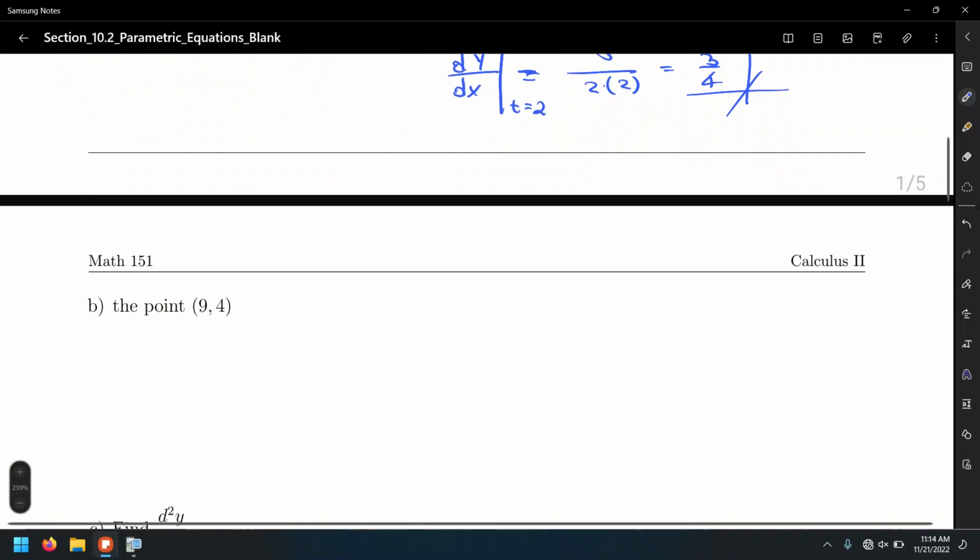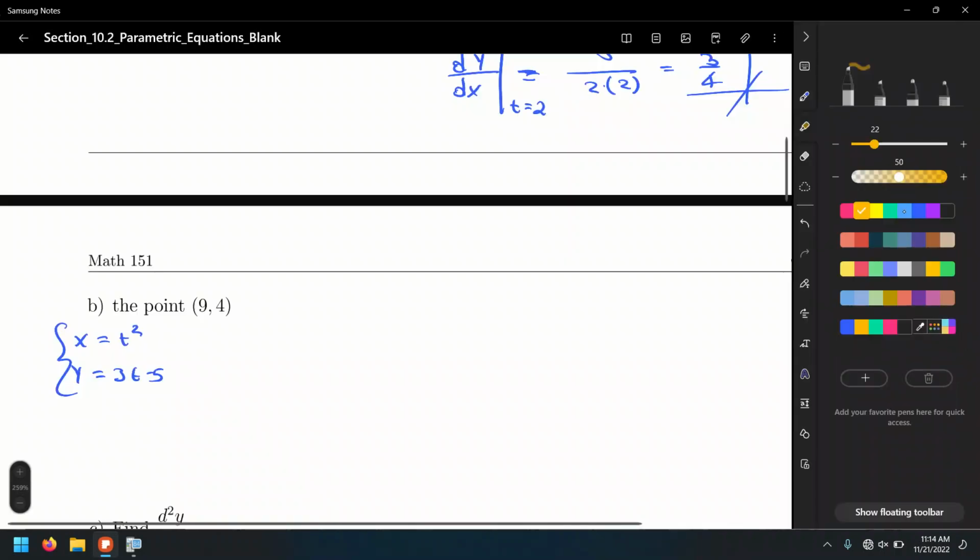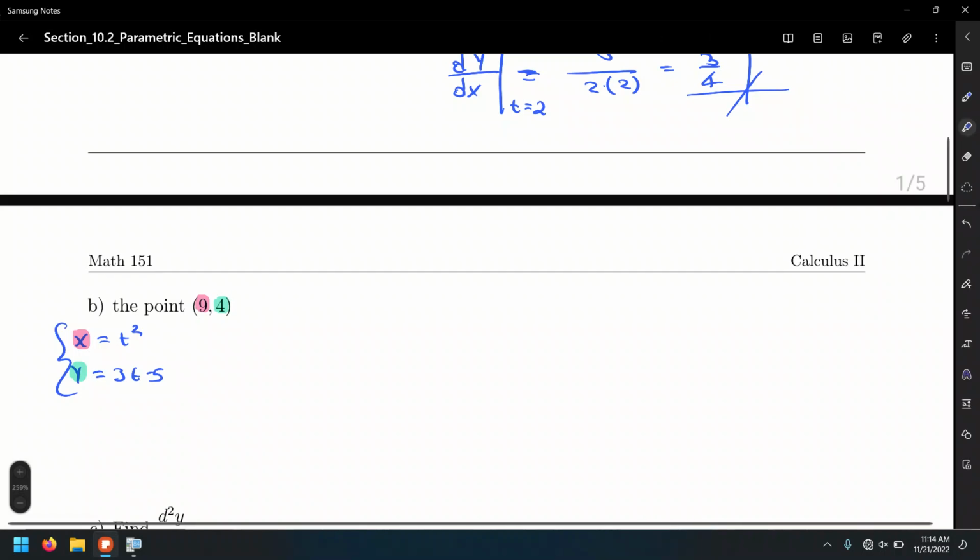In order to do that, let me write the set of parametric equations again. x equals t squared and y equals 3t minus 5. So this is what we're going to do. We're going to set each parametric equation equal to the corresponding value. That is, the x equation, set it to the x value in the point, and the y equation, set it equal to the y value in the given ordered pair.